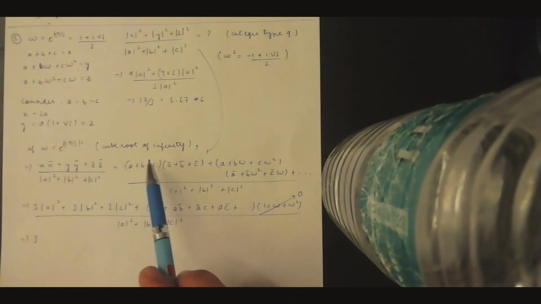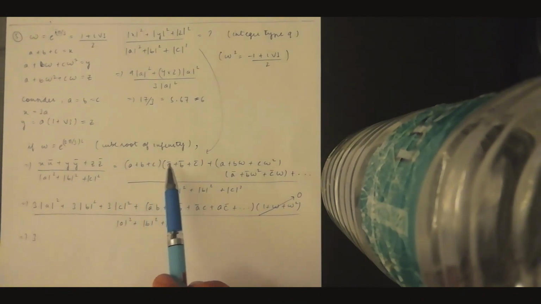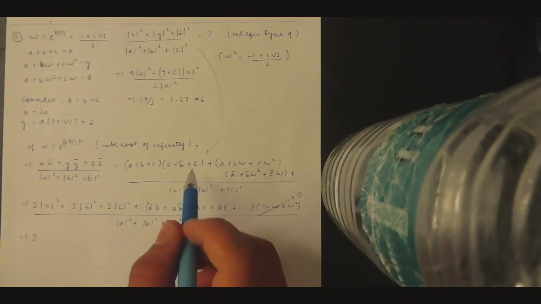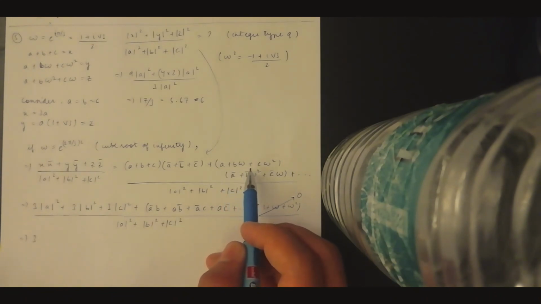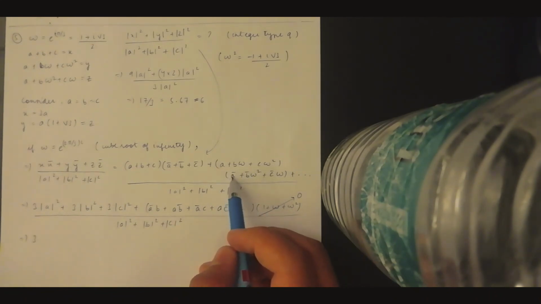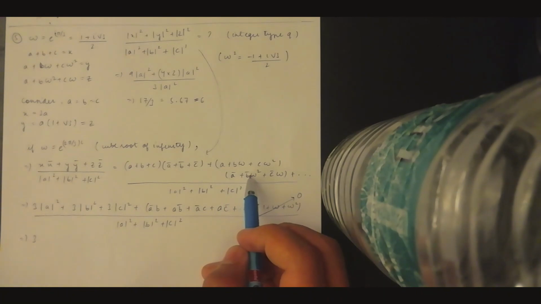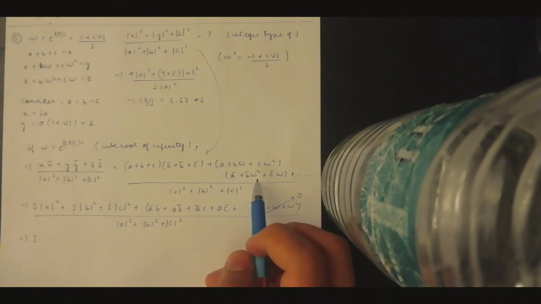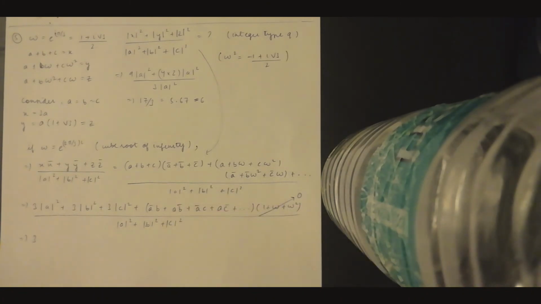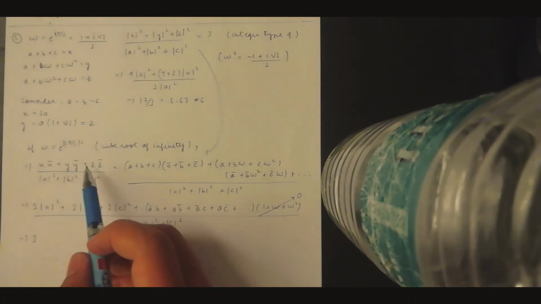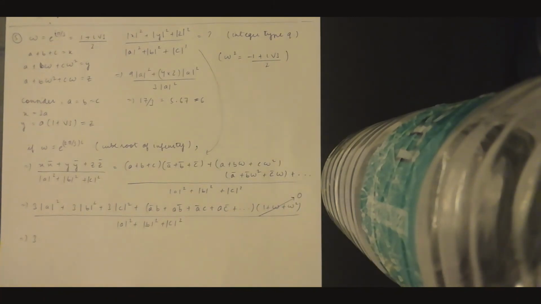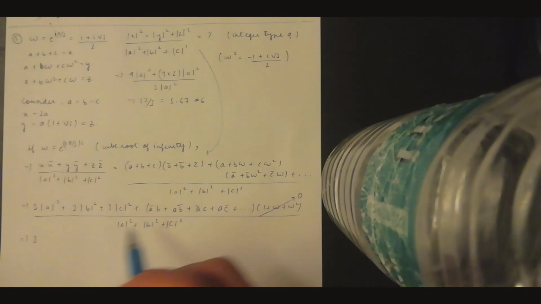Now this can be split into this, a plus b plus c whole into a conjugate plus b conjugate plus c conjugate, and the next term will be a plus b omega plus c omega square into a conjugate plus b conjugate into omega square, which is basically omega conjugate, plus c conjugate into omega, which is basically omega square conjugate, plus z conjugate. Okay, I've not written that, but you know what it will be, and denominator will be same.